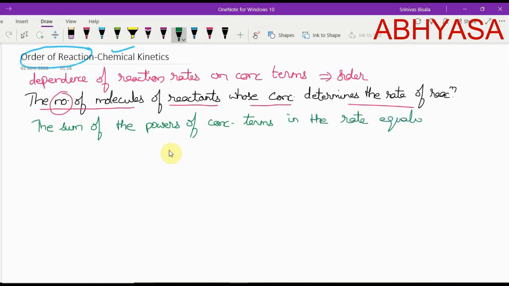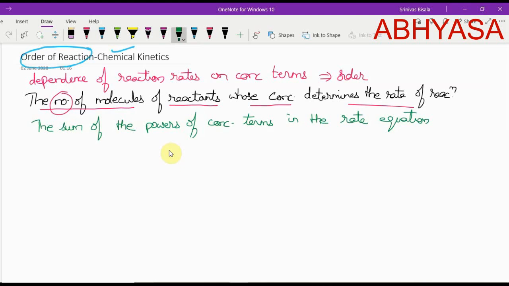So in the rate equation, you need to add the powers of the concentration terms. That number is called the order of reaction. So what's the definition of order? It is the sum of the powers of the concentration terms in the rate equation.